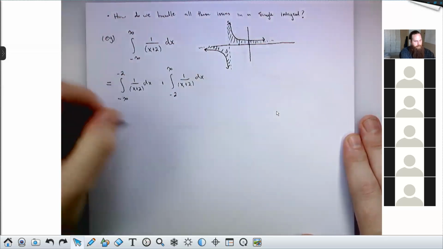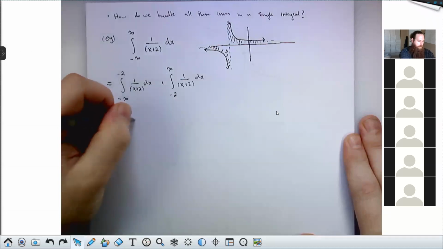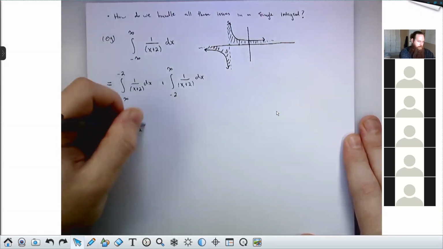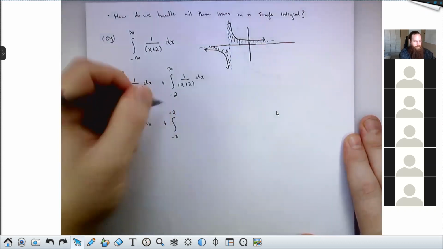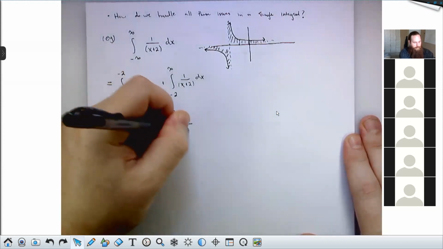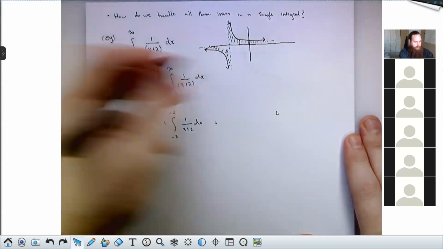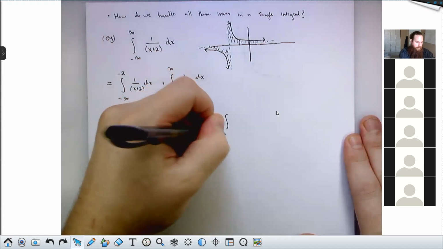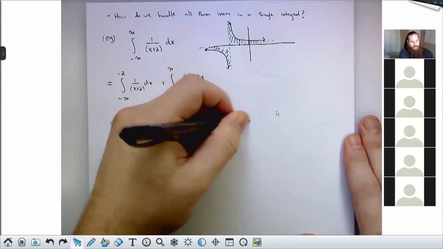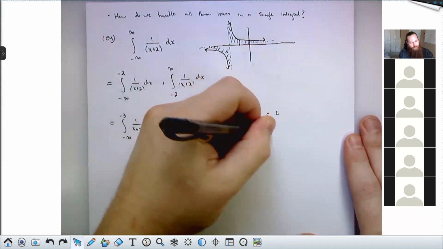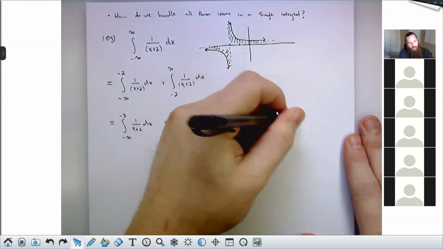So I'll split them further as integral -infinity to -3, 1 over x plus 2 dx, plus the integral from -3 to -2, 1 over x plus 2 dx, plus the integral from -2 to -1, 1 over x plus 2 dx, plus the integral from -1 to infinity, 1 over x plus 2 dx.